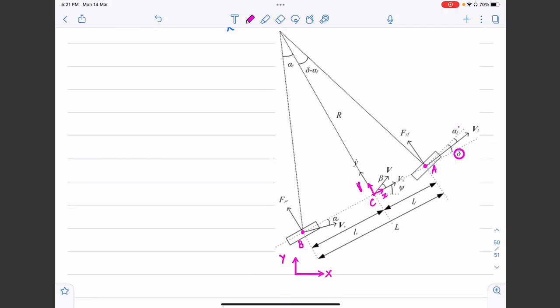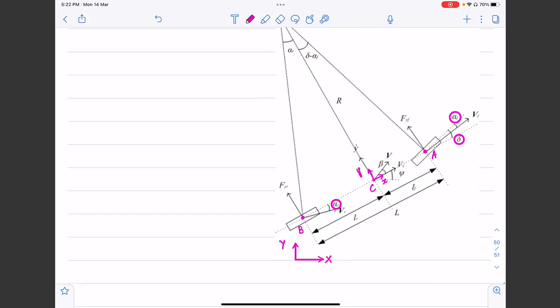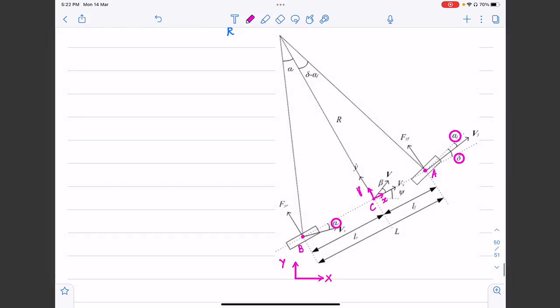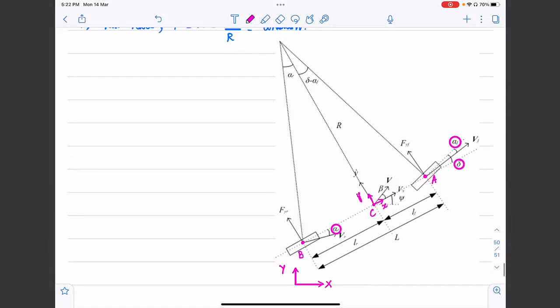Alpha F and alpha R are the slip angles at the front and the rear wheel. Steady state cornering doesn't mean that we are neglecting the forces and the slip. We are considering the slip angles of the front and the rear wheels. V is the velocity vector at the center of gravity, Vx is the longitudinal speed, and y dot is the lateral speed at the center of gravity. This R is the turning radius.